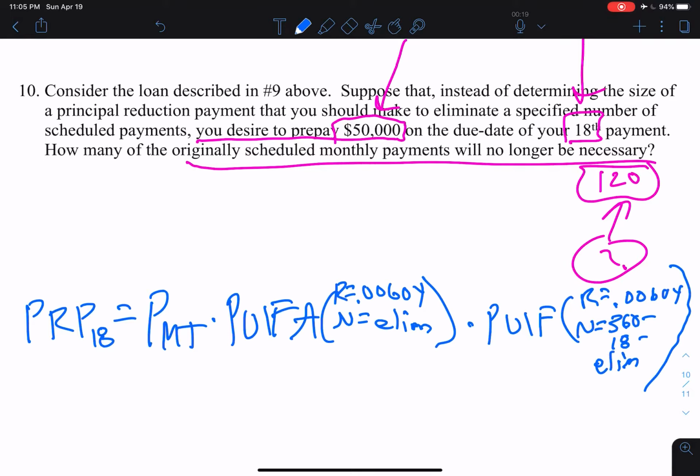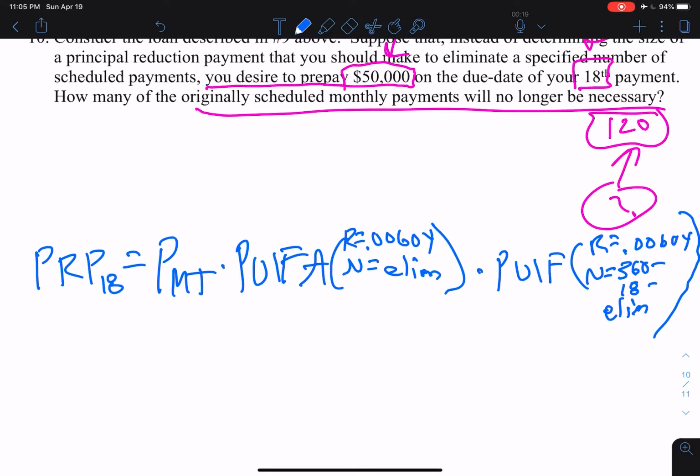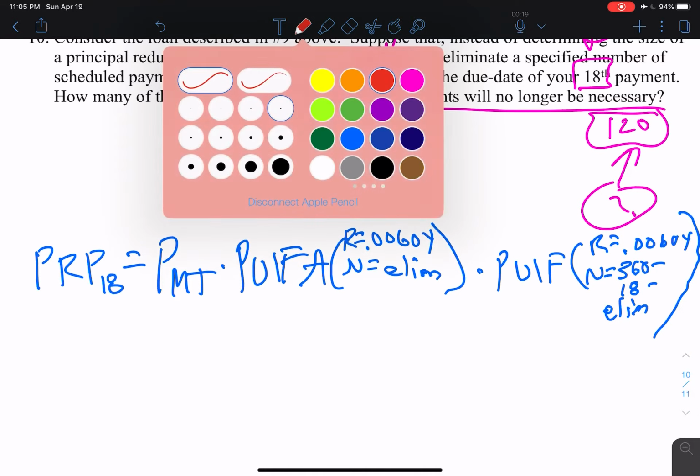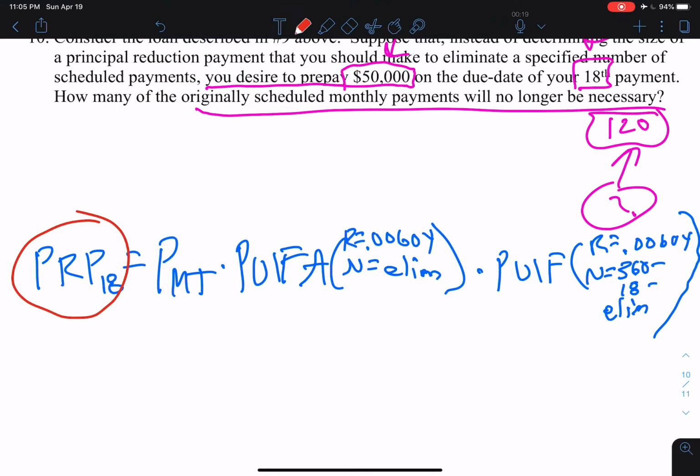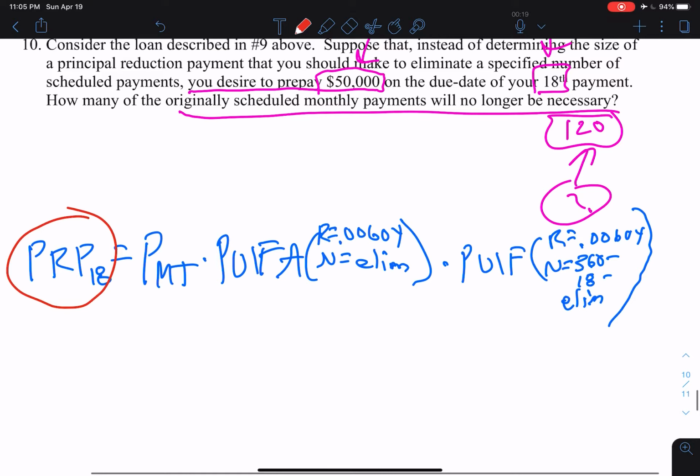So that's the equation, except now in question number 10, what we know or what we're given is this. It's like we're using the same equation to solve for a different value, and the value we're going to solve for is this elim right there, which also appears right here. Okay, so let's have at it.